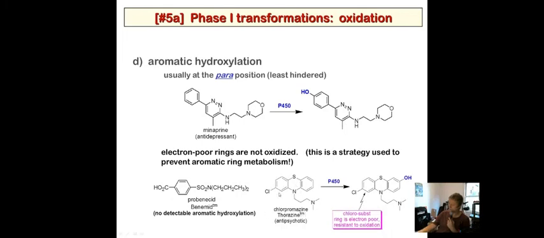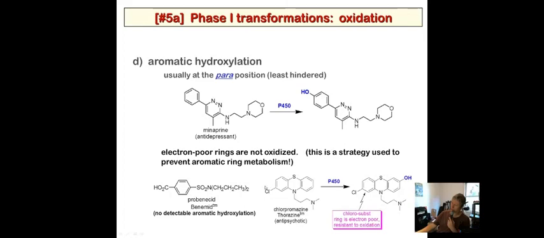Here's a case with chlorpromazine, which is Thorazine, an antipsychotic drug. We have a chlorine, and actually the chlorine does two things. One is it is an electron withdrawing substituent because it's electronegative.